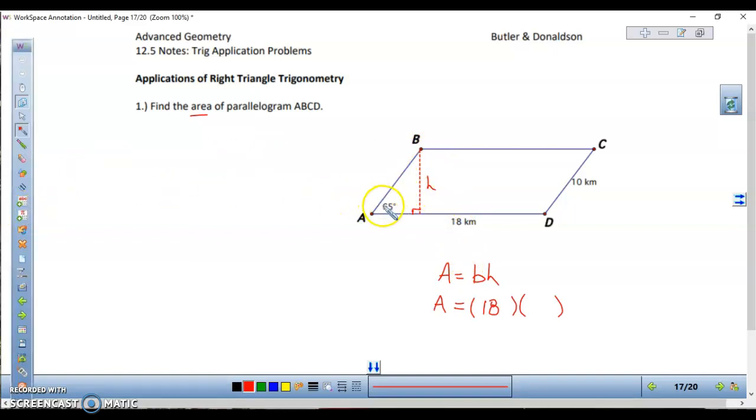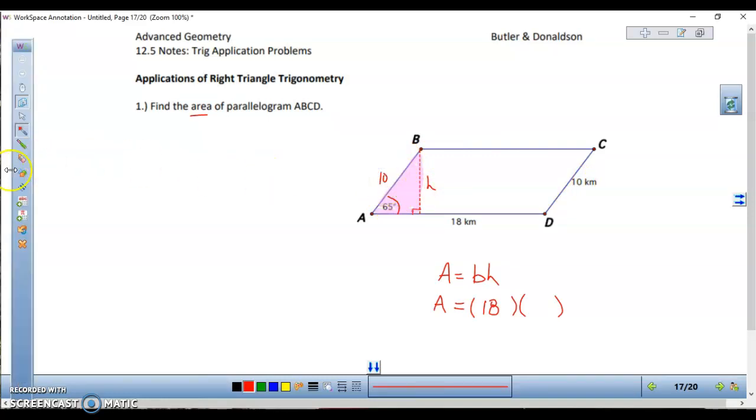What you should notice is that I got a right triangle here, so I'm going to use right triangle trig with this right triangle to find h, or the height. You'll notice I have an angle measure, 65 degrees, but I don't have any side lengths. But remember properties we learned about parallelograms: opposite sides are congruent.